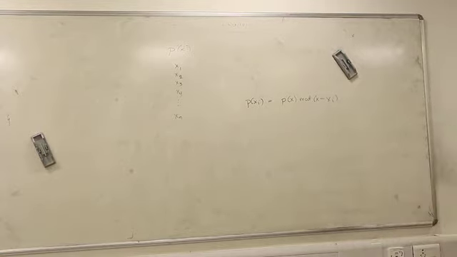Okay, so we can show this pretty easily. If you have p of x and you divide it by this, you'll have some quotient polynomial and some remainder polynomial, where this remainder polynomial will have degree less than this.